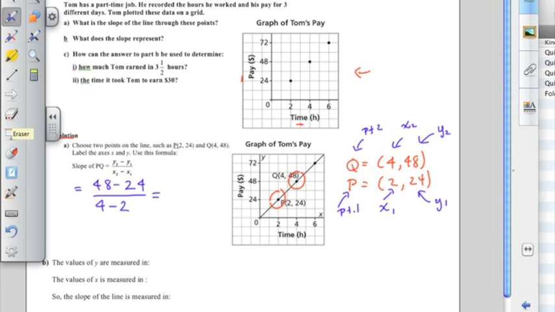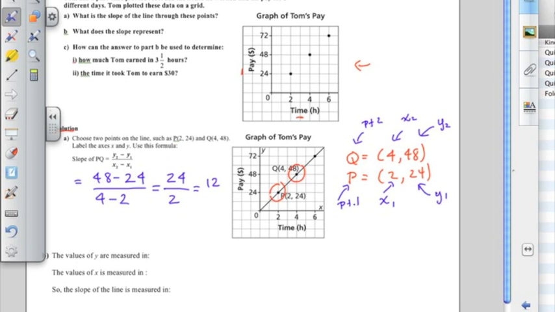If we simplify our numerator, 48 subtract 24 is 24, and 4 subtract 2 is 2. And then 24 divided by 2 is 12. So the slope of that line is 12. Well, that's the answer to part A.